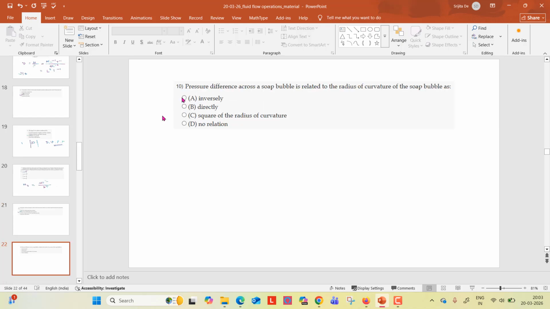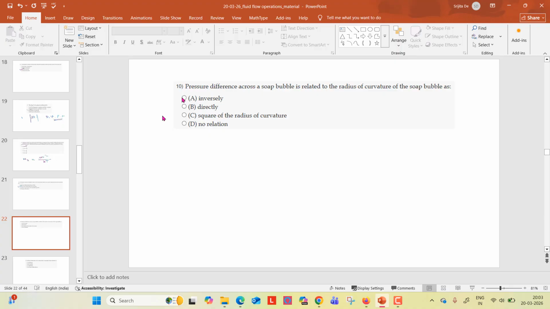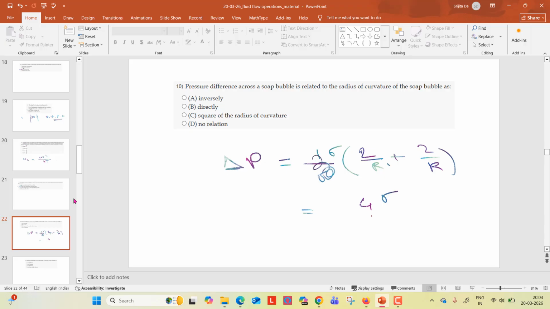Next. Pressure difference across a soap bubble is related to the radius of curvature of the soap bubble. I think I have done the derivation in one of the earlier sessions. So pressure difference delta P for a soap bubble, because a soap bubble has two curvatures, is sigma into 2 by R plus 2 by R. So it is 4 sigma by R, right?